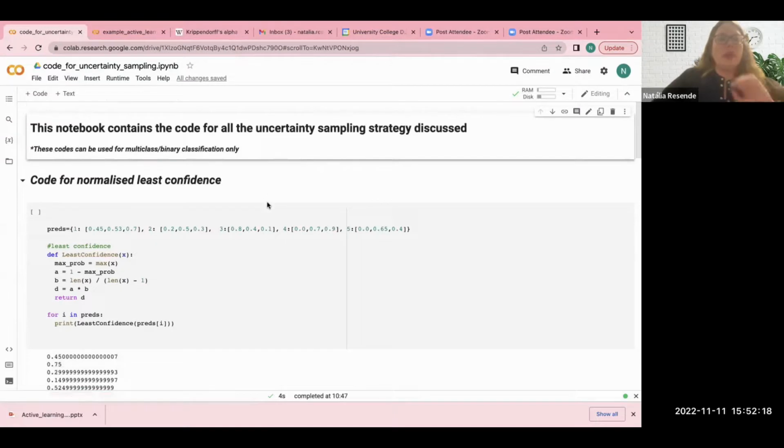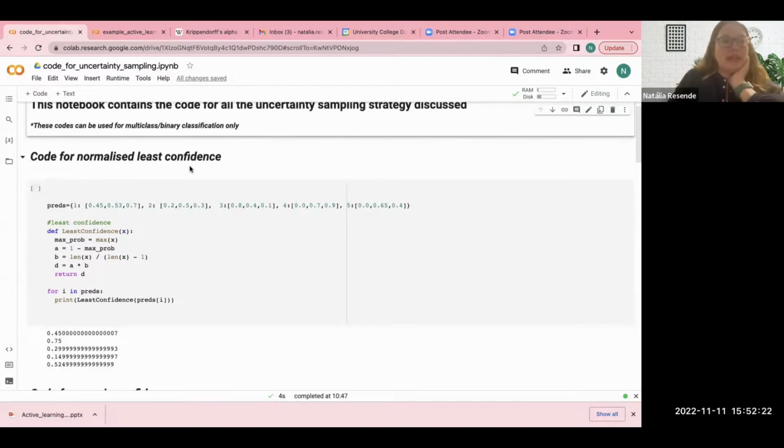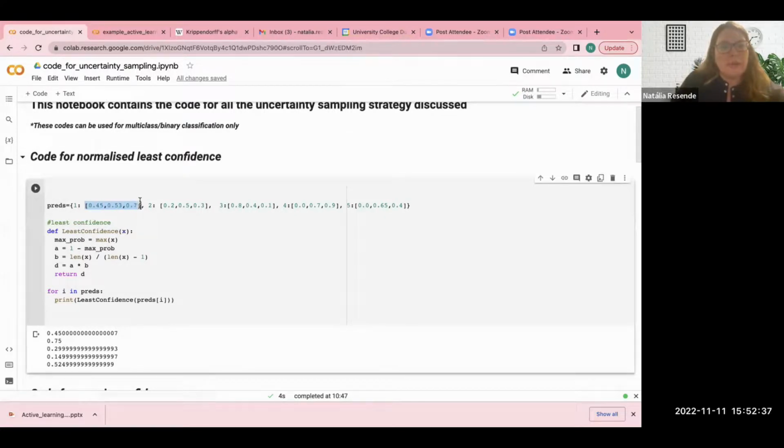Okay. So for the least confidence, right? The normalized least confidence. As I showed, we can normalize the least confidence using that formula that I showed you. So for instance, we have here the predictions associated with instance number 1, predictions associated with instance number 2, until number 5.